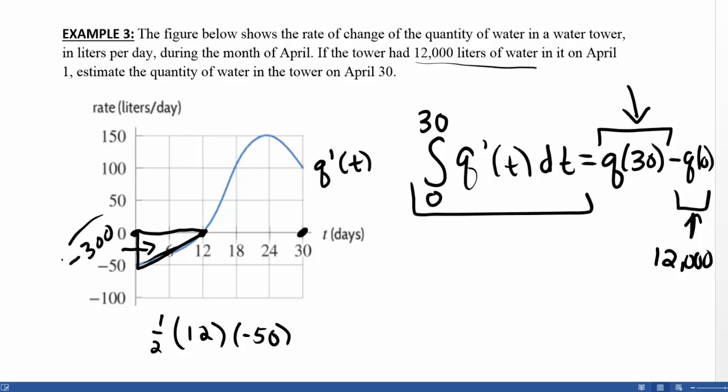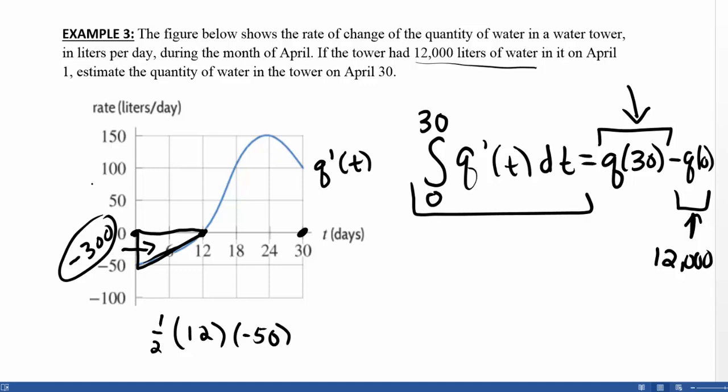And again, it's negative because it's below the x-axis. So that means that from day 0 to day 12, I lost 300 liters of water. And remember, the rate is liters per day, and I'm multiplying it times days, so the days units cancel. So I lost 300 liters of water during the first 12 days.